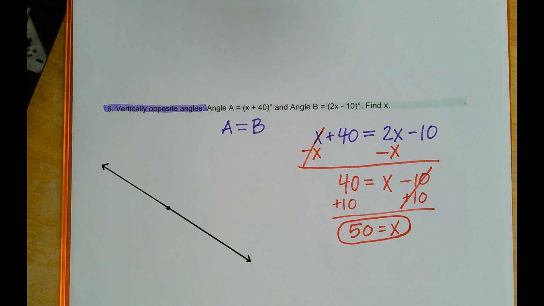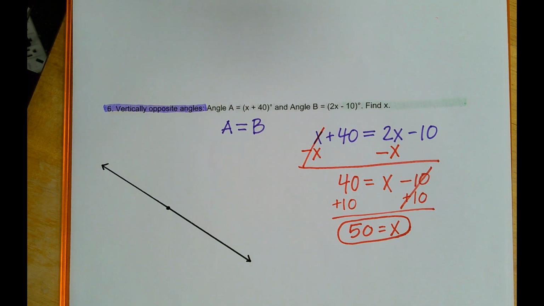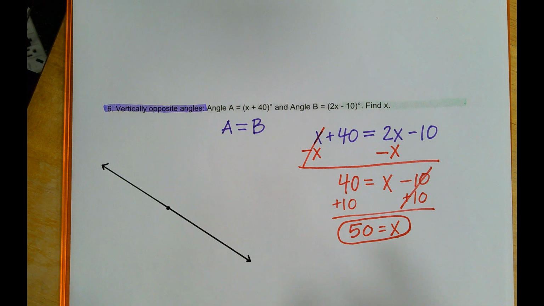I'm doing it in my head right now, and I'm looking at angle A. It's x plus 40. 40 plus 50 is 90. So if you made it perfect perpendicular, straight up and down, it was a perfect drawing anyway. It was going to match. So I guess we could have just drawn it first. You totally got lucky there.